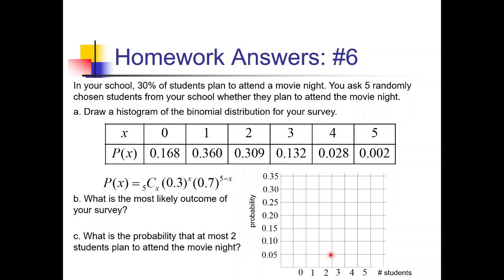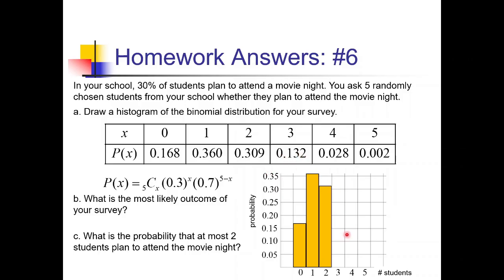Let's go and graph all these now. So 0.168, that's somewhere in this area right here. That's for the zeros. For the ones, this was the highest one, going up to 0.36. That's like as high as I can go on this. And then for 2, 0.309, that's like 0.31, which is about here. And then for 3, we have a big drop off.